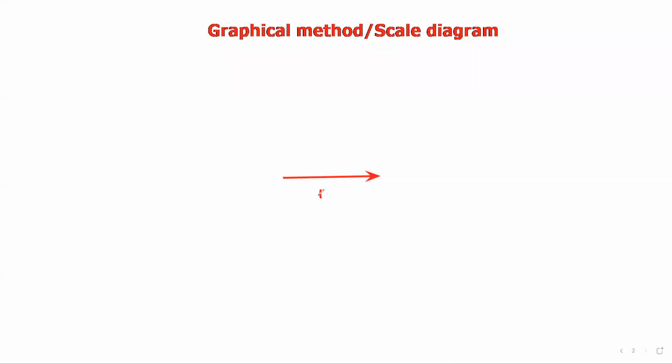One of the vectors is 3 Newton and the other vector is 4 Newtons. And they ask to get the resultant of these two vectors. What will be our first step, even if it's a triangle method or a parallelogram method? The first step is always to select a suitable scale.